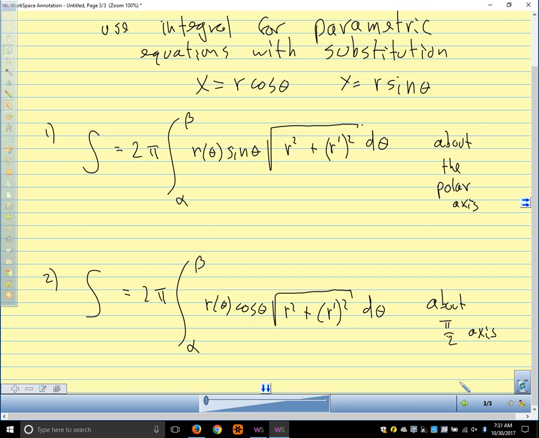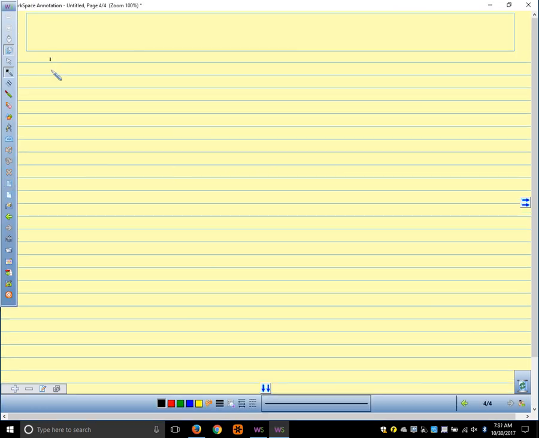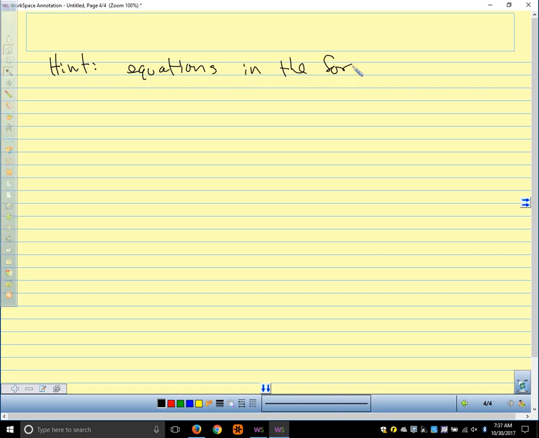And I'm going to give you a hint when you're evaluating these integrals for finding r prime. This can be helpful for equations in the form r squared equals f of theta, so maybe a lemniscate, figure 8 shape.